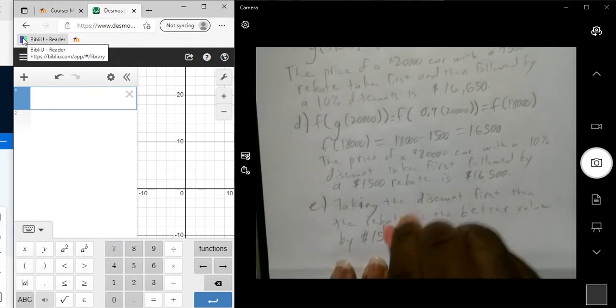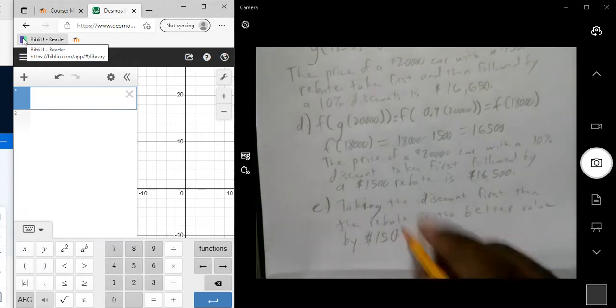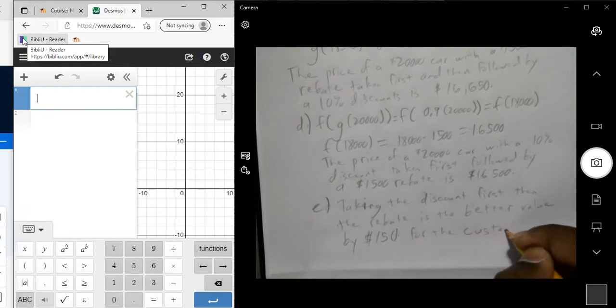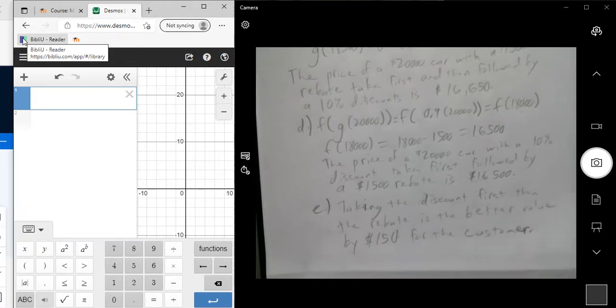And I should qualify that by saying for the customer, because it's not the better deal for the dealership. It's for the customer.